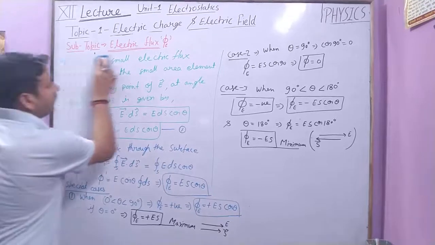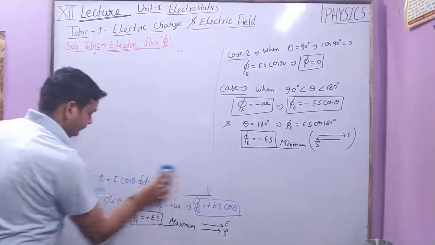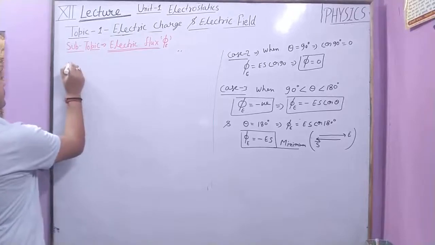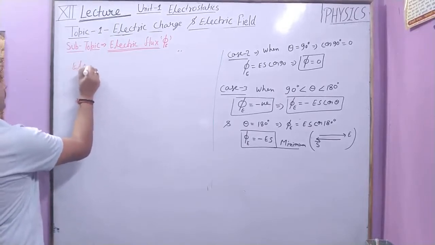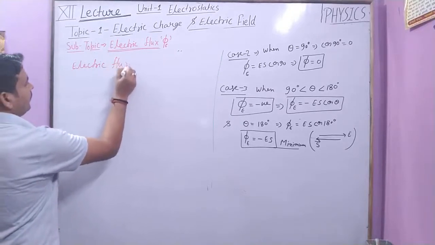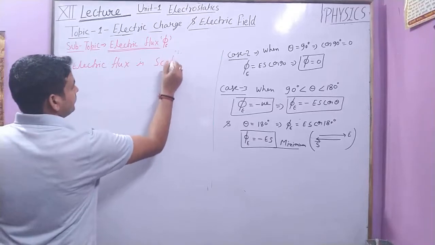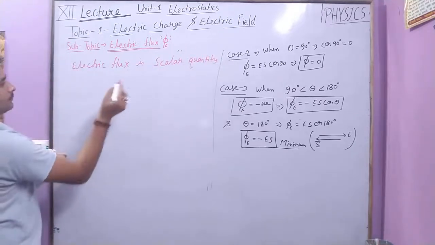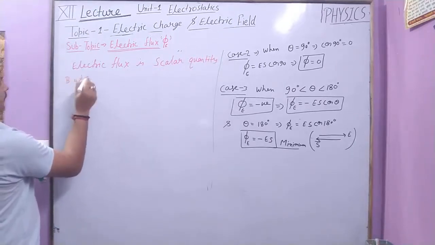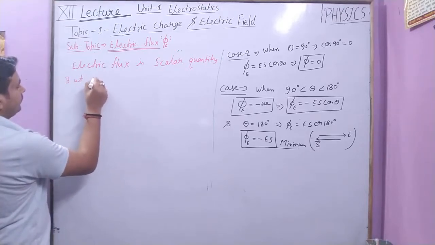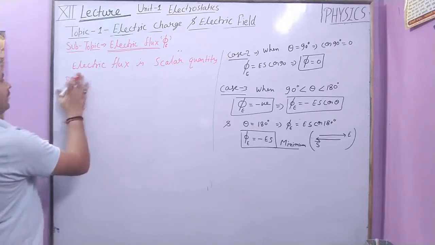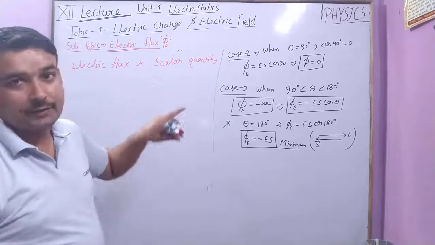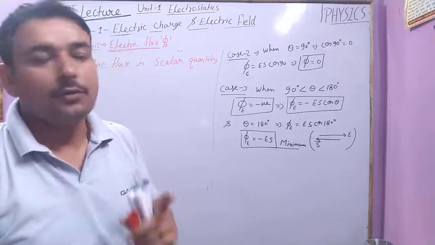Now here electric flux is a scalar quantity but it is the effect of, or we can just understand, it is the measurement of electric field, and you know that the electric field is a vector quantity.